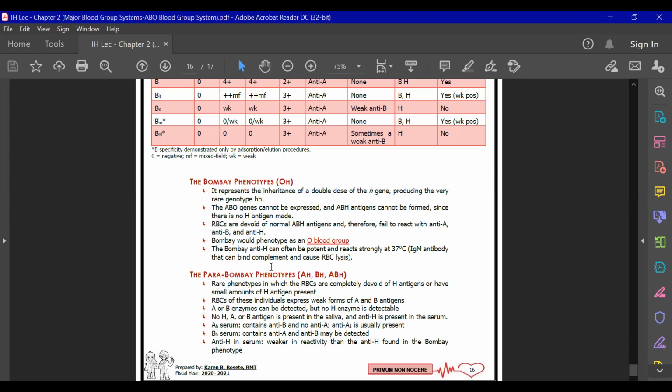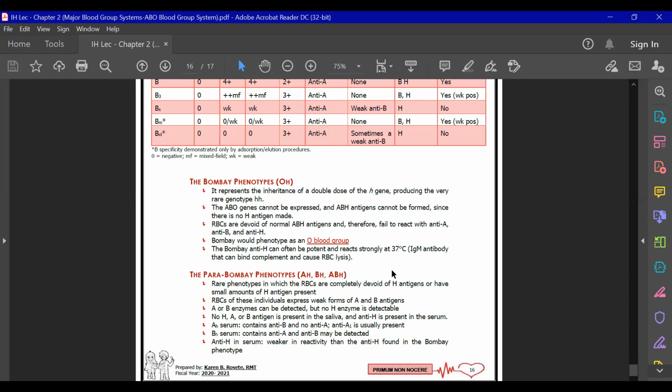Class, these anti-H are mainly IgM antibodies that react at 37 degrees Celsius, and this IgM antibody class is considered of clinical significance. You are going to ask me, Ma'am, doesn't IgM react best at room temperature or even lower temperatures? Why do you say the anti-H is an IgM antibody class and it reacts at 37?